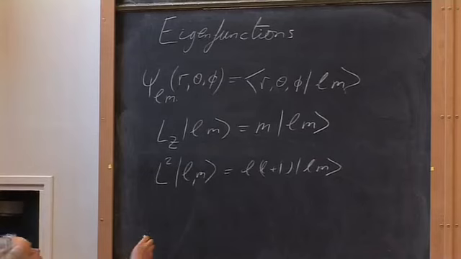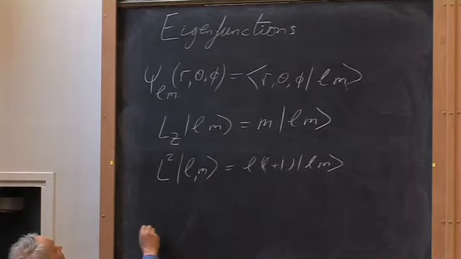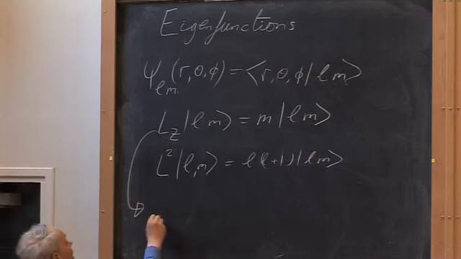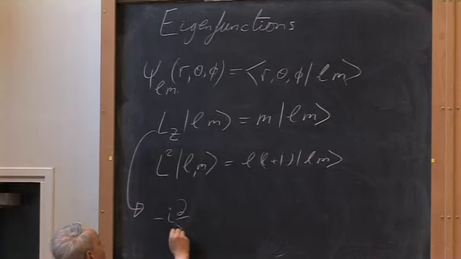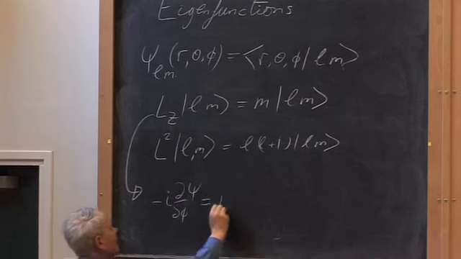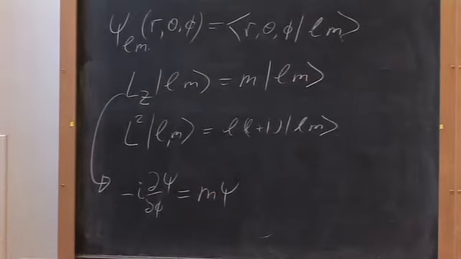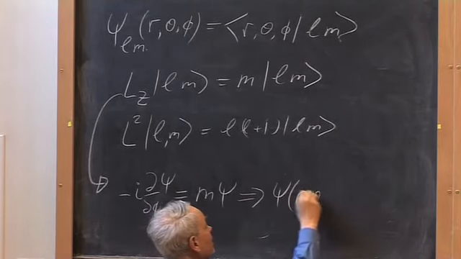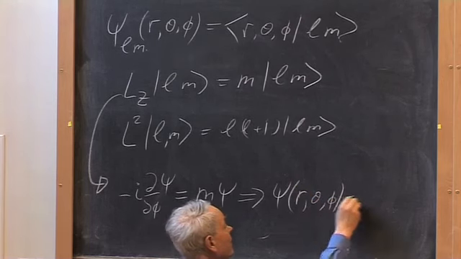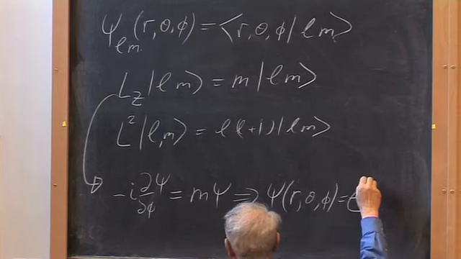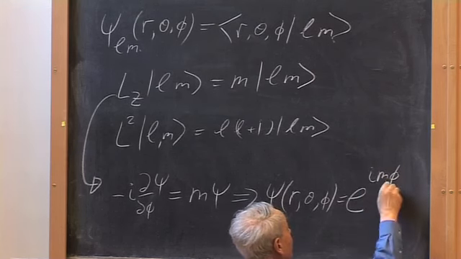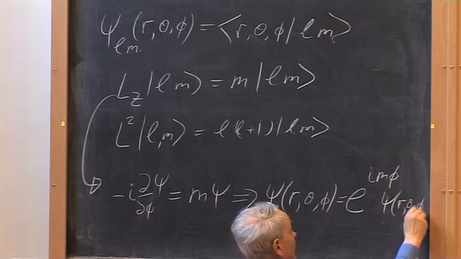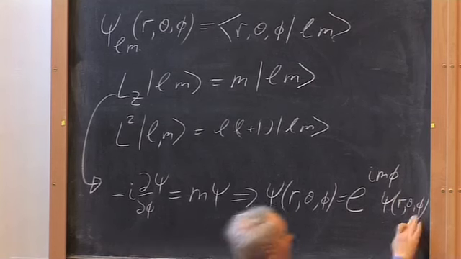Okay, so what can we say? We can say, first of all, this equation is going to imply, put into the position representation, that minus i d by d phi of psi is equal to m psi, which we, of course, immediately recognize as telling us that psi at r, theta, and phi is equal to e to the i m phi times psi at r, theta, and so on.